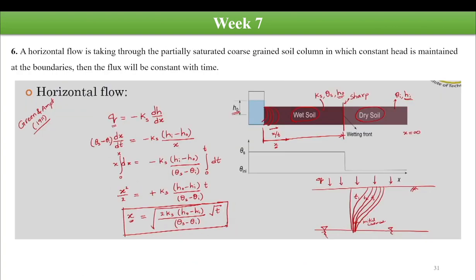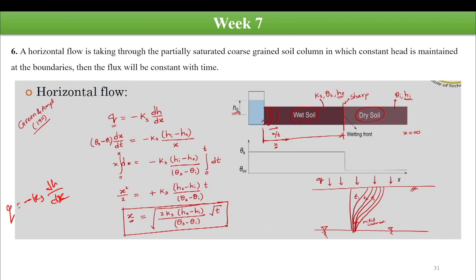Then we have the horizontal flow, and the question asks that if a horizontal flow is taking place for a partially saturated coarse grain soil column, in which constant head is maintained at boundaries, then the flux will be constant with time. Okay. So if we see the governing equation from where it has started, like Darcy's law, then we'll see Q is equal to minus K dH upon dx.